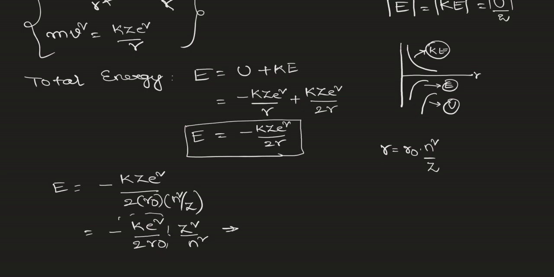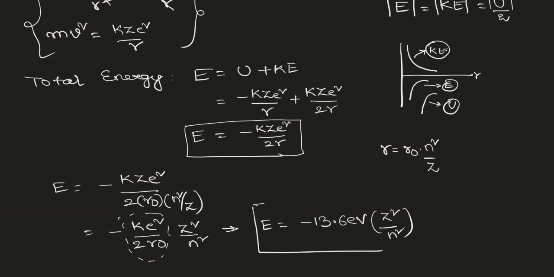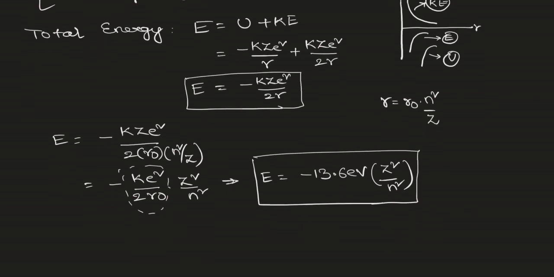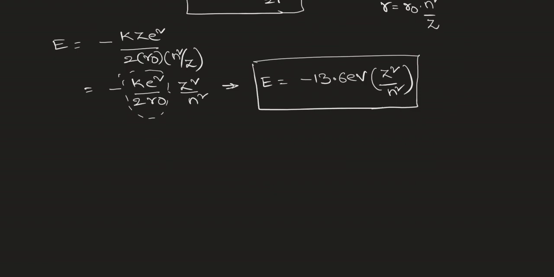This entire value, if I calculate by substituting all those values, we get minus 13.6 electron volts into Z square by n square. So that is the energy of an electron in the nth orbit with atomic number Z.